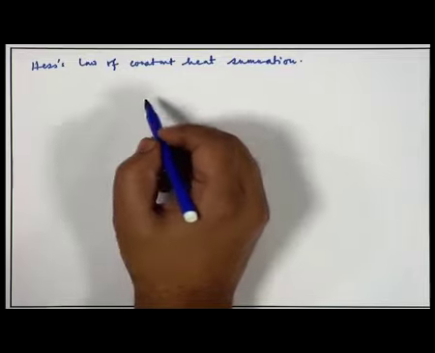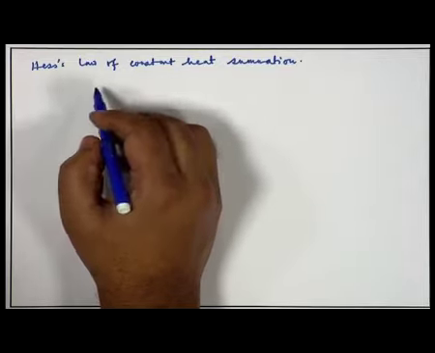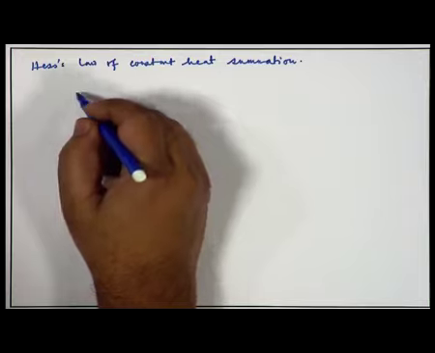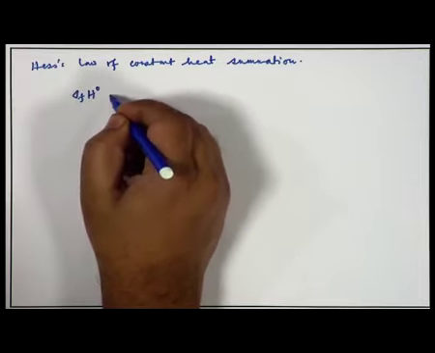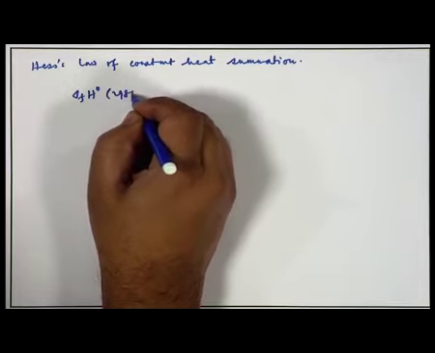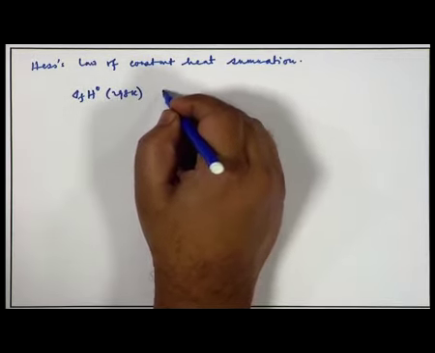Suppose we want to find out, with an example it will be clear, delta f H 0 at 298 K of ethane gas.